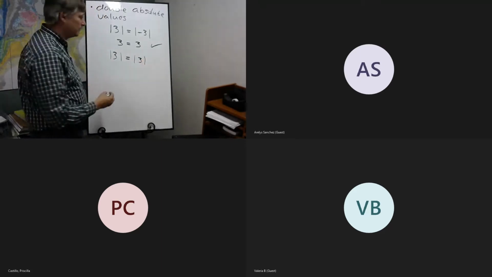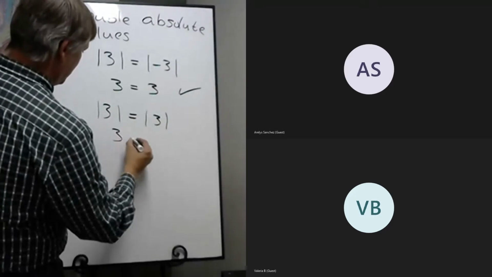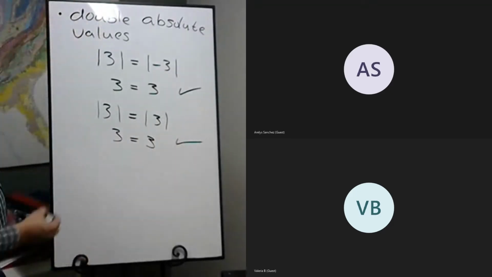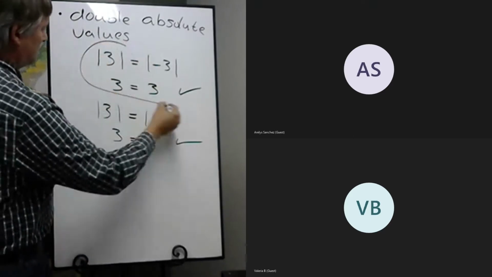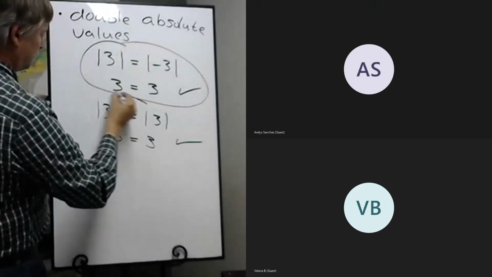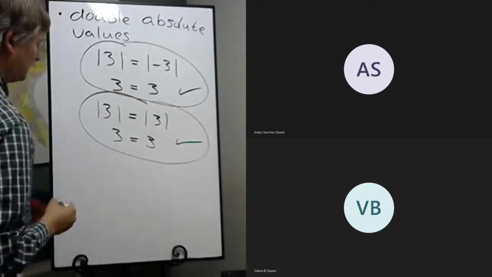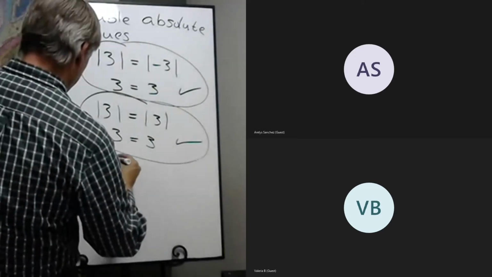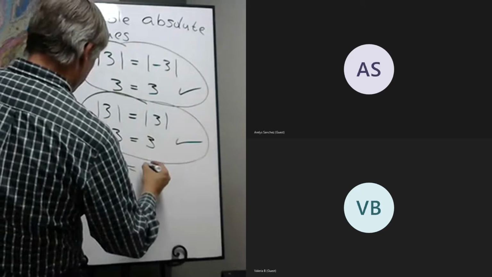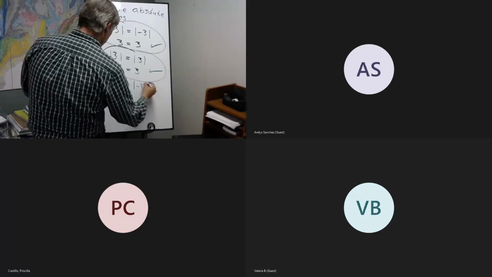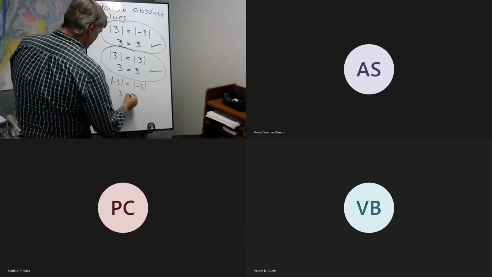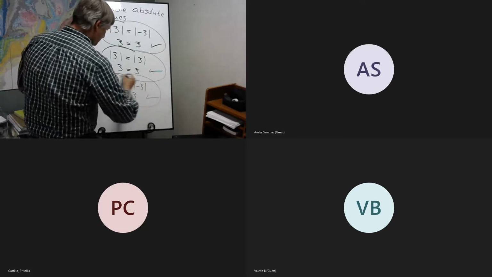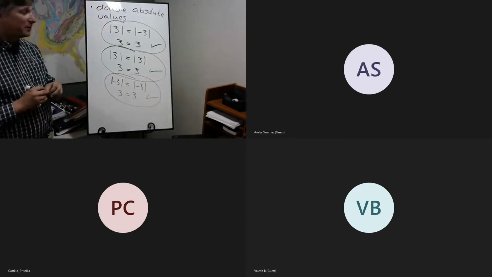And that's going to be true because, well, this is 3 and this is 3. And they both could be negative. And that's true because they'll both come out to positive 3.